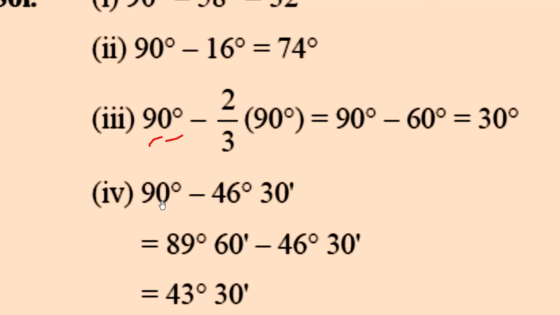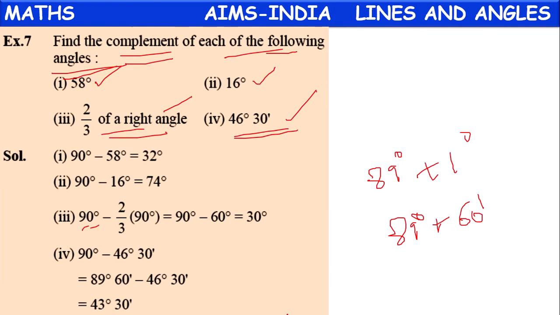So 90 degrees is written as 89 degrees 60 minutes minus 46 degrees 30 minutes. 89 minus 46 is 43, 60 minus 30 is 30. So 43 degrees 30 minutes. Like that, for finding a complement, we have to subtract the given value from 90 degrees, and we will get the answers.